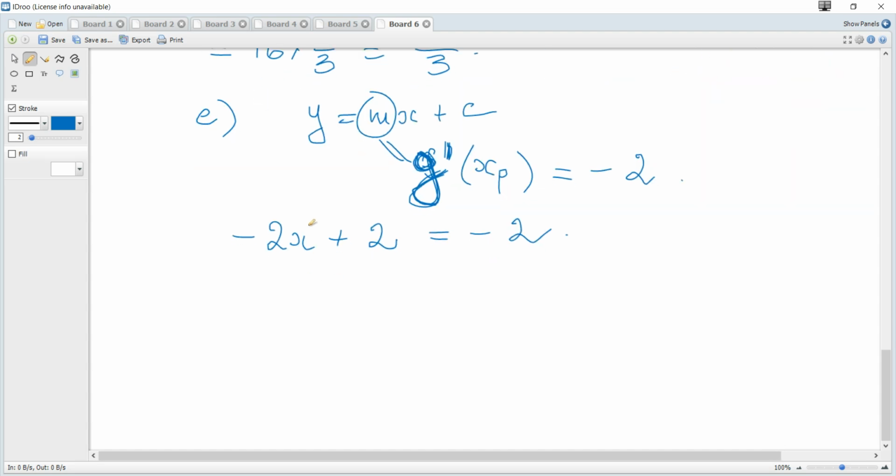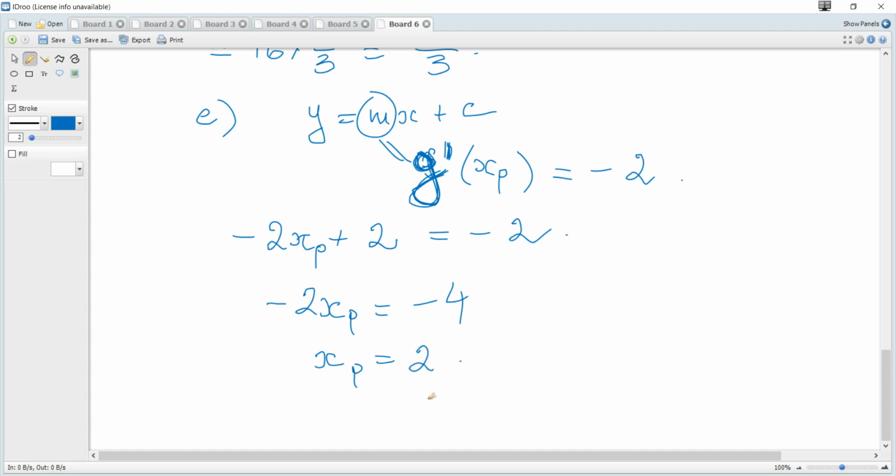If you solve for this x, it's not an arbitrarily chosen x, it's the x coordinate of point P, where this tangent should be drawn to have gradient negative 2. In general, you may write just x or x_P, it doesn't matter. Let's write P. So it becomes negative 2x_P is equal to negative 4, so x_P is 2.